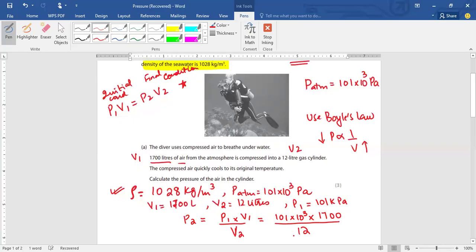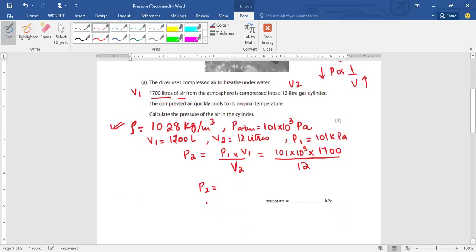If you can please tell me what the answer should be by plugging in these values. Is it 101 times 10 to the power of 3? Sorry, never mind, I got it. 101 times 10 to the power 3 times 1700 divided by 12. So 1.43 times 10 to the power of 8.